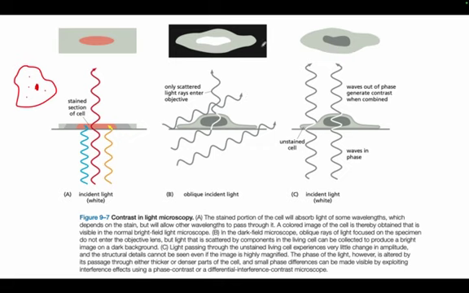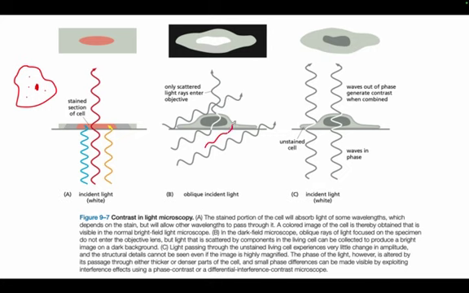So the background where nothing is present is going to be black because there's no light from that region. In order for the light to enter the objective, it has to interact with the sample and scatter. If it is scattered sufficiently, it will enter the objective.